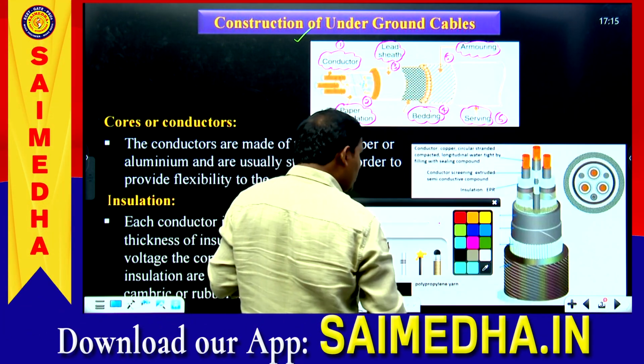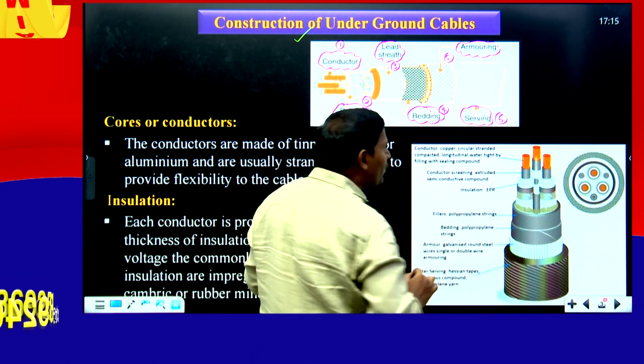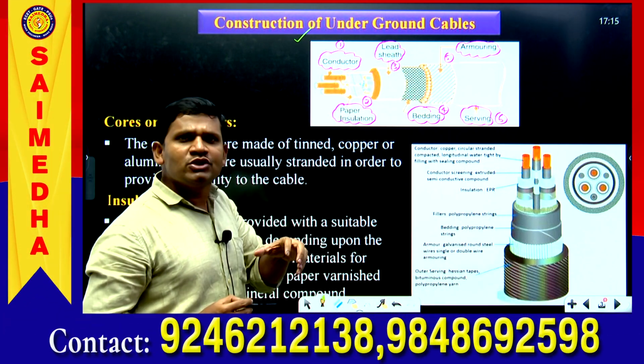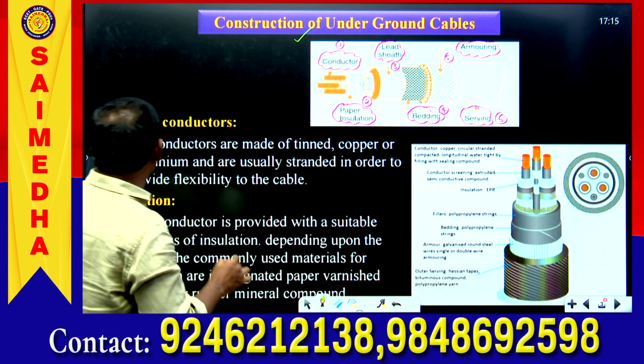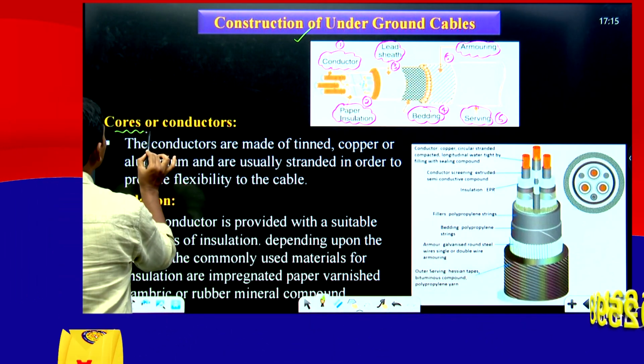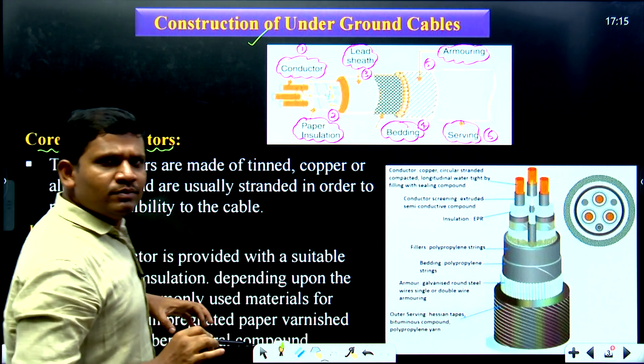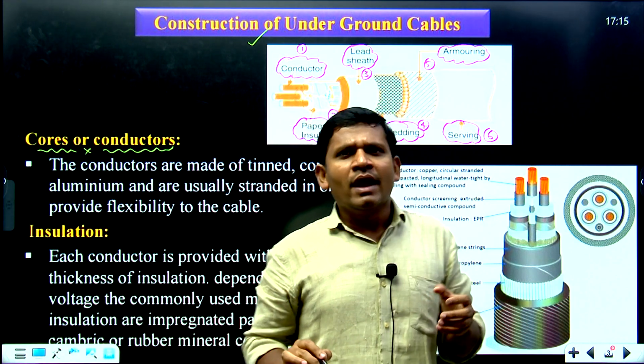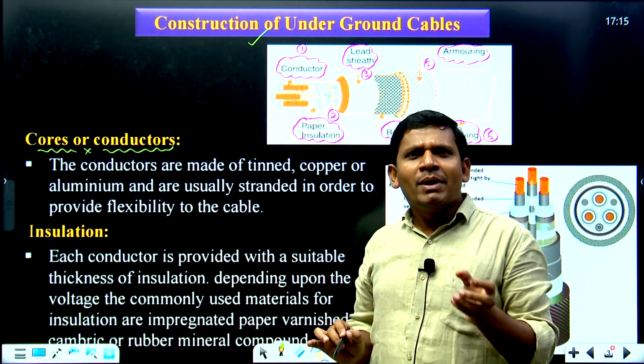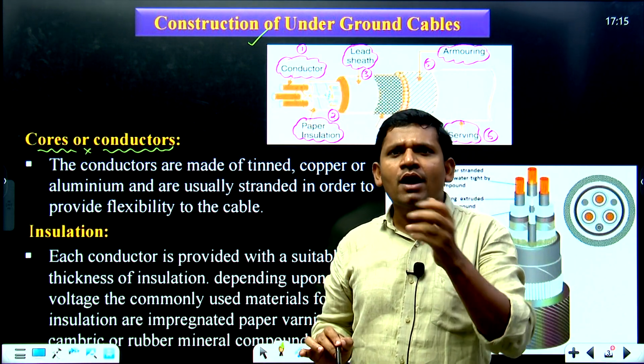Now you have to see what are the materials used for the different parts and what is the function of each part, students. First you have to see core or conductor. A conductor is also called core. Generally the conductor is either copper or aluminum, but in the cables we are preferring the copper.